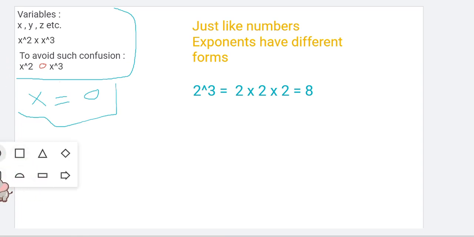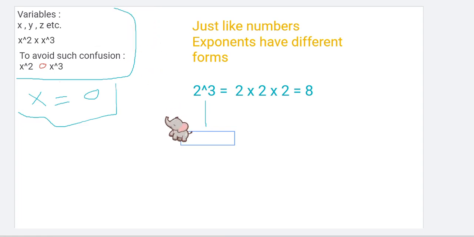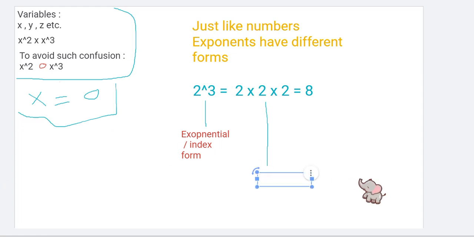Now this form over here is known as your exponential slash index form. Then this over here is your expanded form.